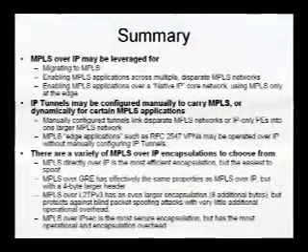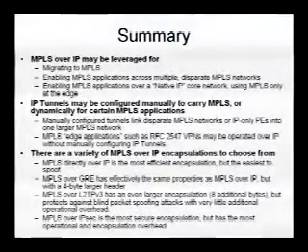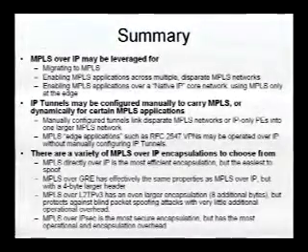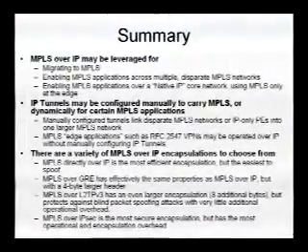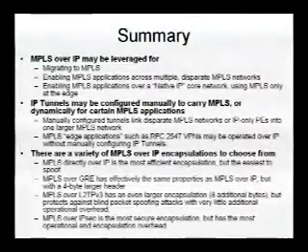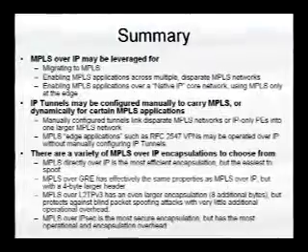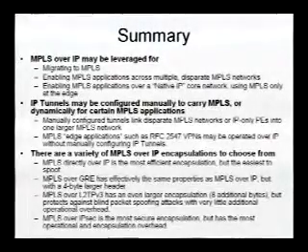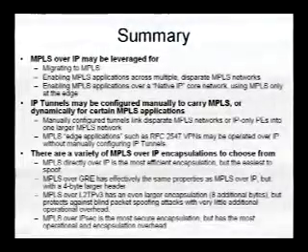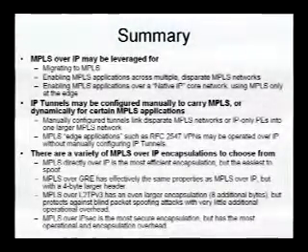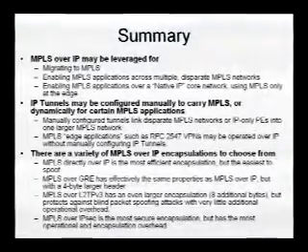So, in summary, MPLS over IP may be leveraged for migrating to MPLS, enabling MPLS applications across multiple disparate MPLS networks, enabling MPLS applications actually over a native IP core, using MPLS only at the edge and letting you roll out MPLS at a rate that's not confined by the 2547 rollout.